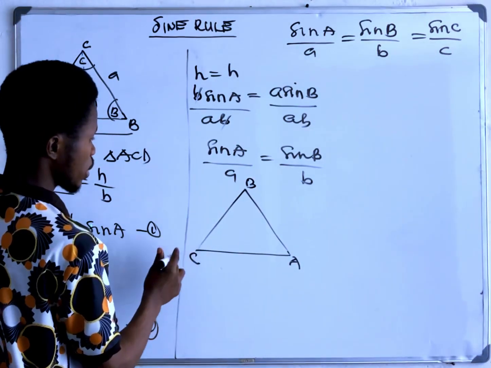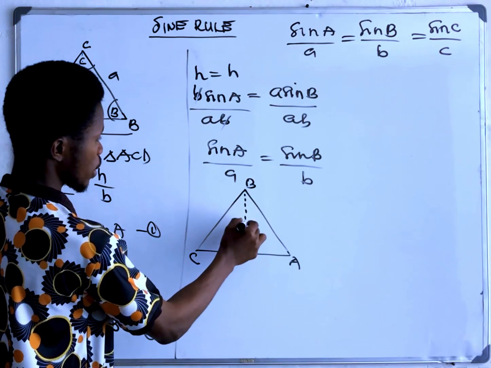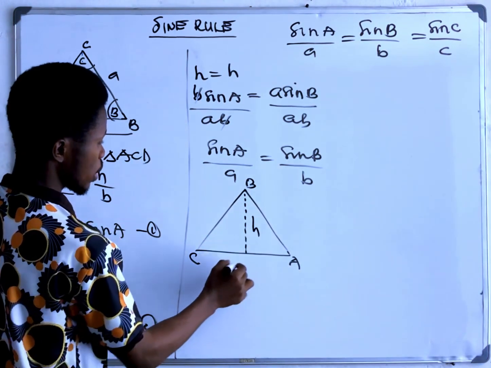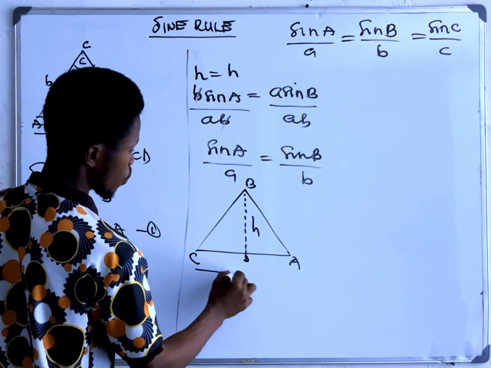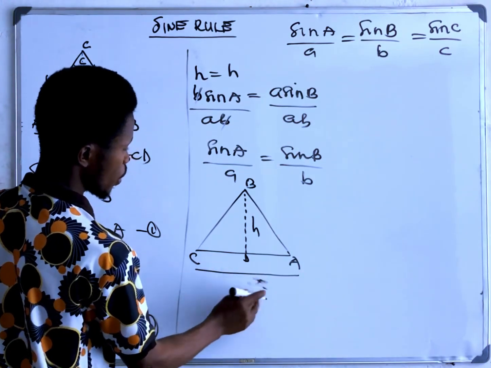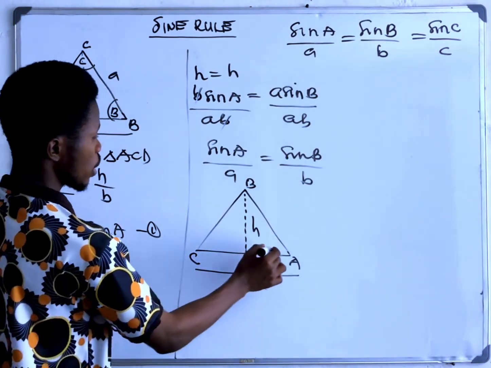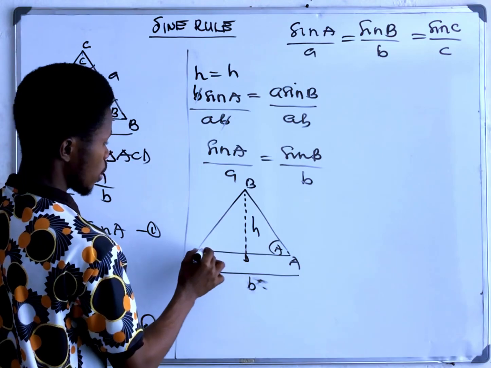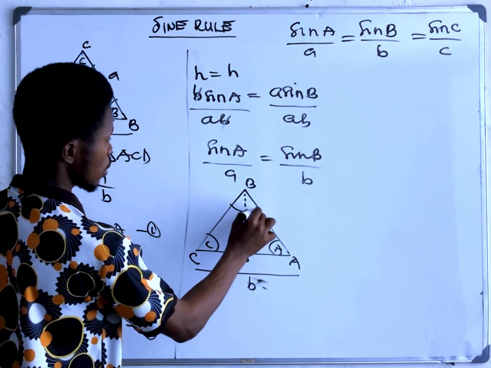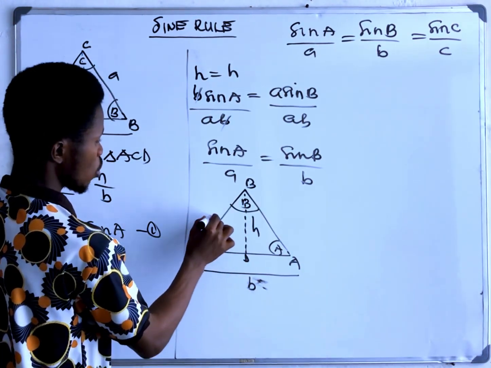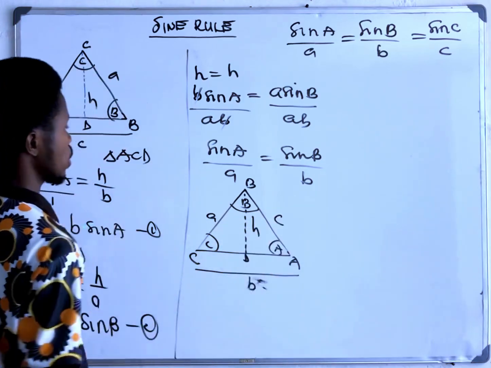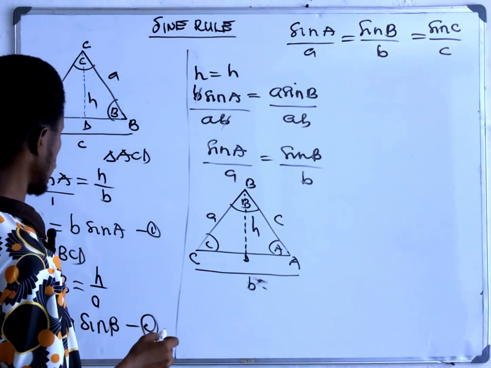So I'll be having my height here, which is h. Let me name here D. From here to here will be b, right? The length will be b. Here is a, here is c, here is b. Here will be a, here will be c. Is that okay? So the same approach.